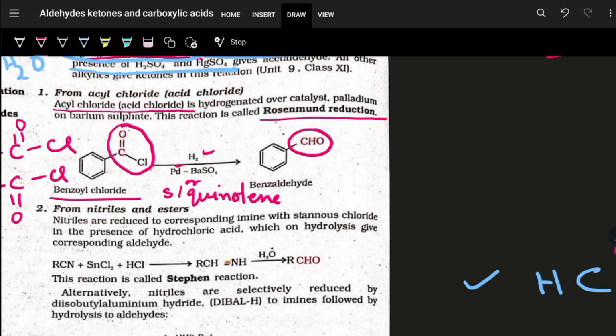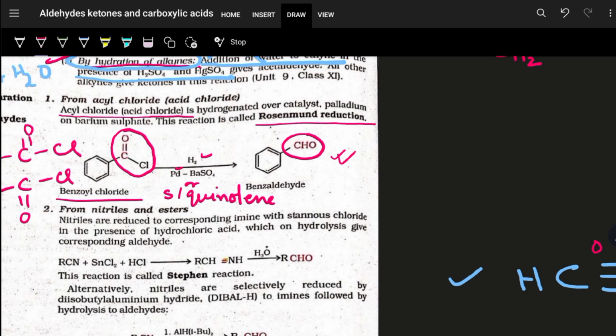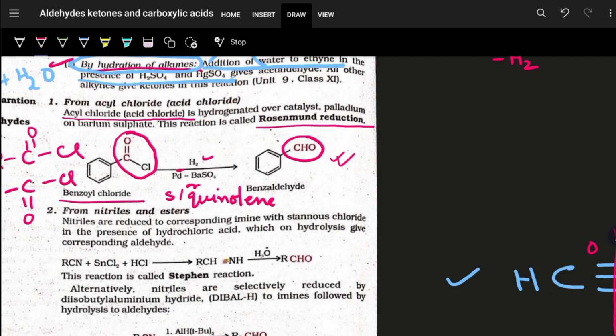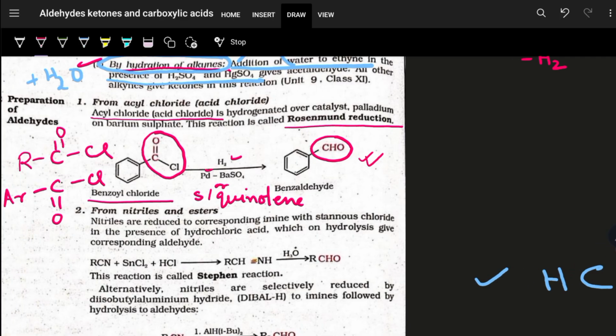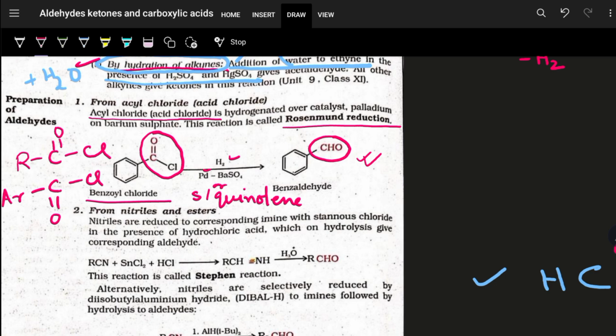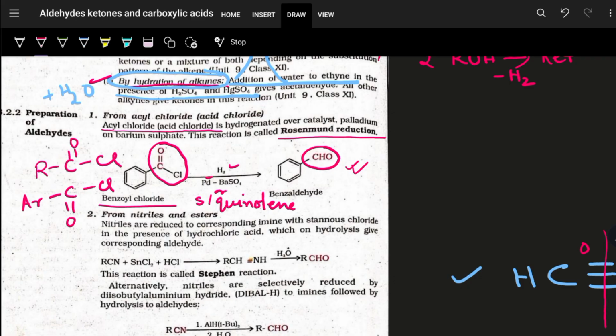If I don't use a catalyst poison, then this aldehyde may get reduced to 1 degree alcohol. So this is a method of production of aldehyde from acyl chlorides, that is RCOCl or ArCOCl, in presence of hydrogen, Pd-BaSO4 or sulfur quinoline, and it is a controlled reduction. Why controlled reduction? Because we are controlling the reduction of aldehyde to further getting reduced to 1 degree alcohol.